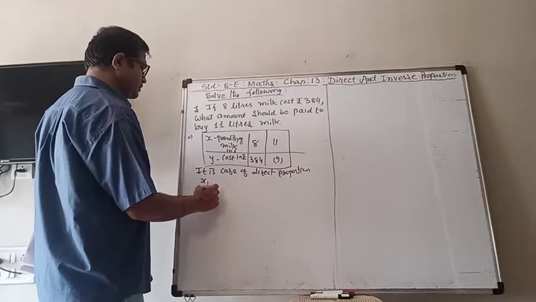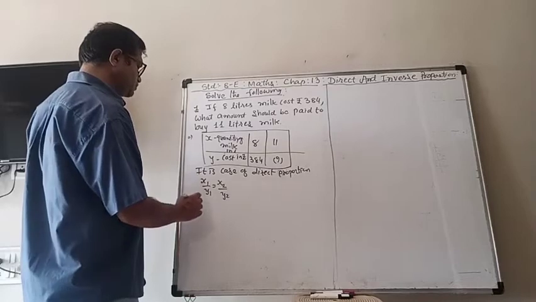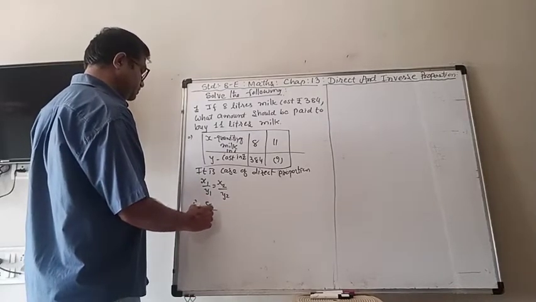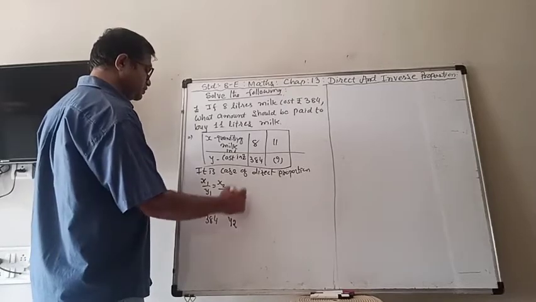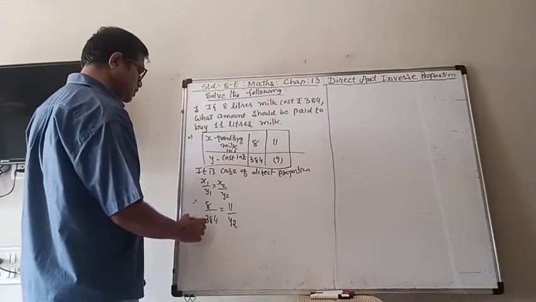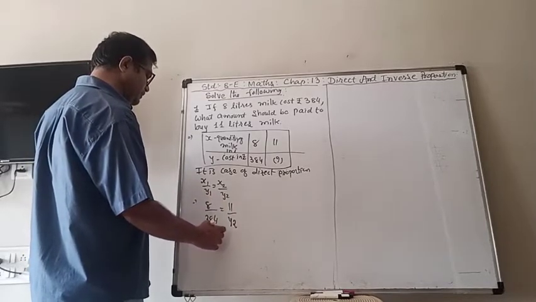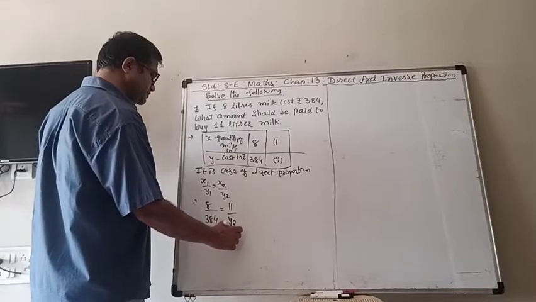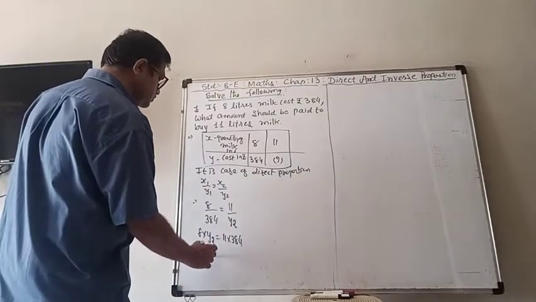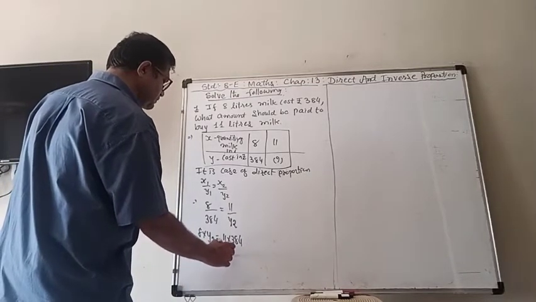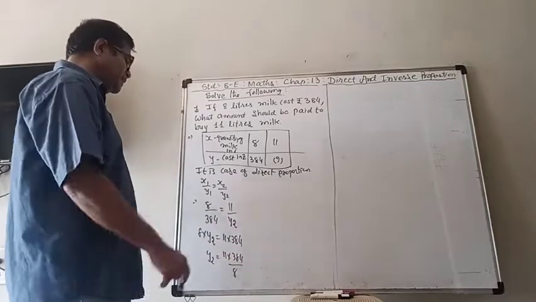So now x1 upon y1 is equal to x2 upon y2. So 8 upon 384 is 11 upon y2. Now we have to do the cross multiplication. 8 multiplied by y2 is 11 multiplied by 384. So y2 is equal to 11 into 384 divided by 8.